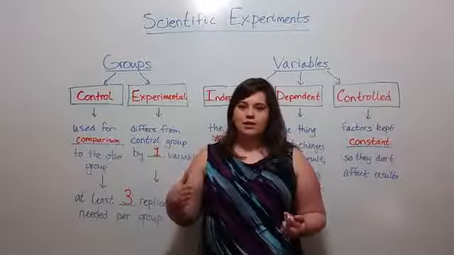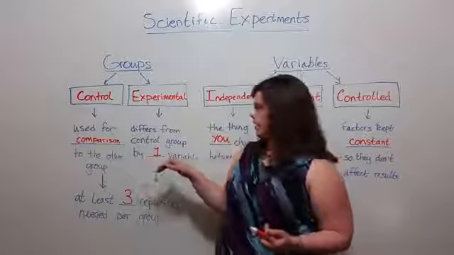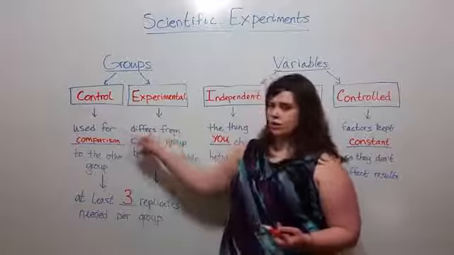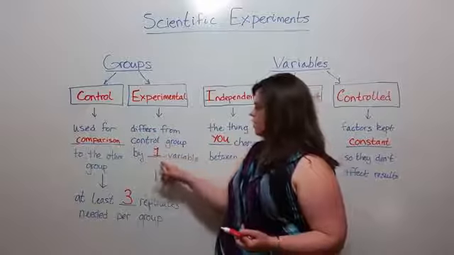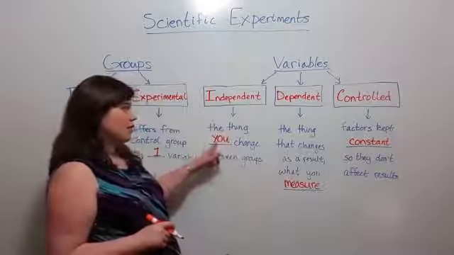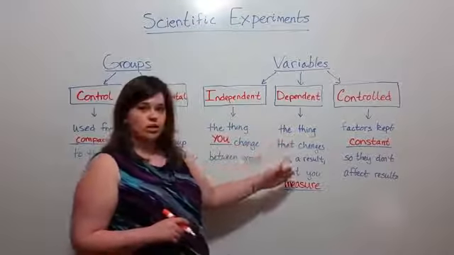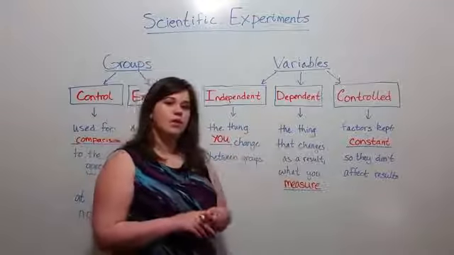So these are factors that are kept constant, that are the same for both groups, so that again, the only difference between those groups is the one variable, the thing that you change, the independent variable, so that you can measure what changes as a result, that being the dependent variable.